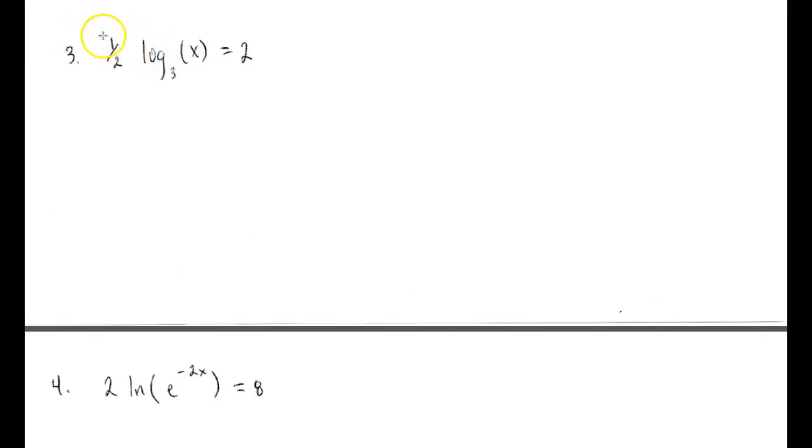So if I multiply both sides of this equation by 2, then of course 2 times 1/2 is 1. So I just have log base 3 of x is equal to 4. Okay? And then from here, I see that my variable is trapped inside of the logarithmic function, so we can use the definition of a logarithm here.